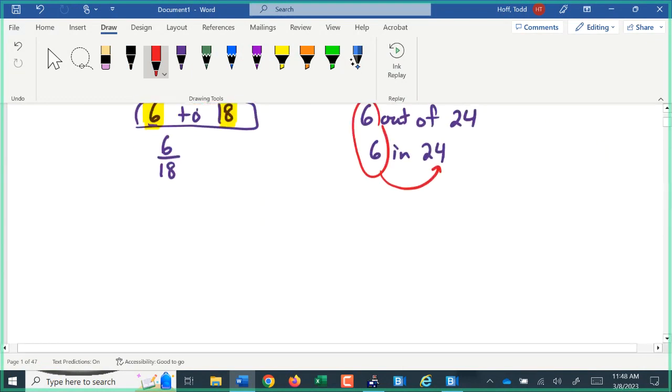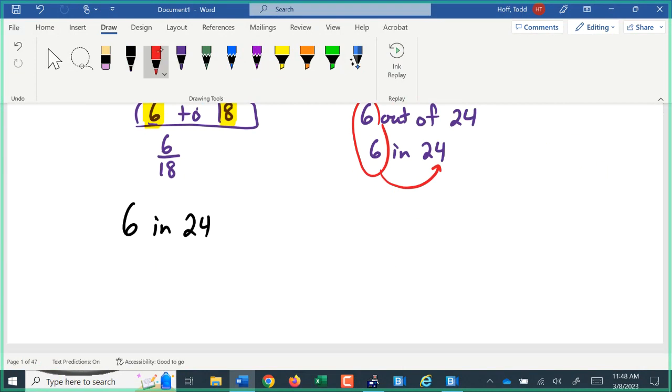So when I have that ratio, 6 in 24, in this case, because I know there's only two groups, there's high school students and there's the tech college students, 6 in 24 are high school.